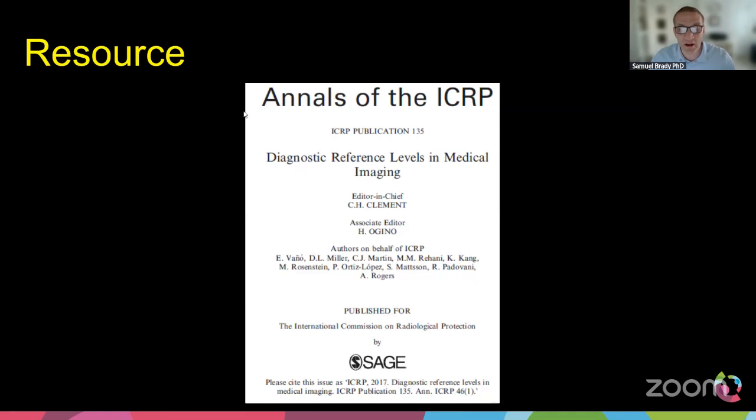DRLs have been around for a very long time, but more recently, the international body, the ICRP, published this report, ICRP 135. In this report, they define what a DRL is, and they give examples and share with you how to set up a DRL.